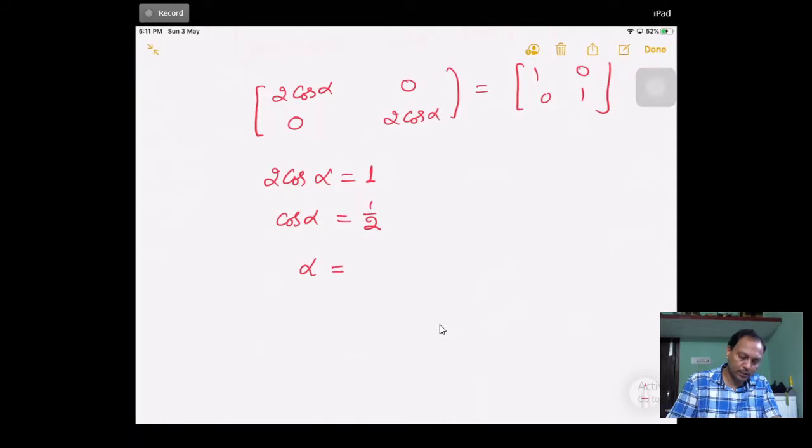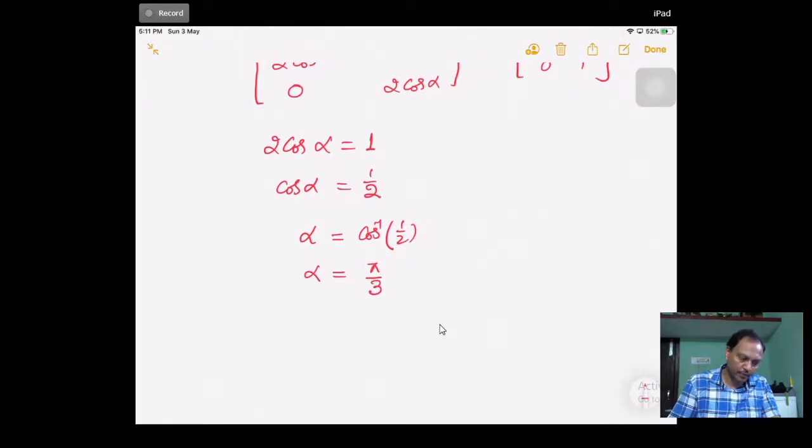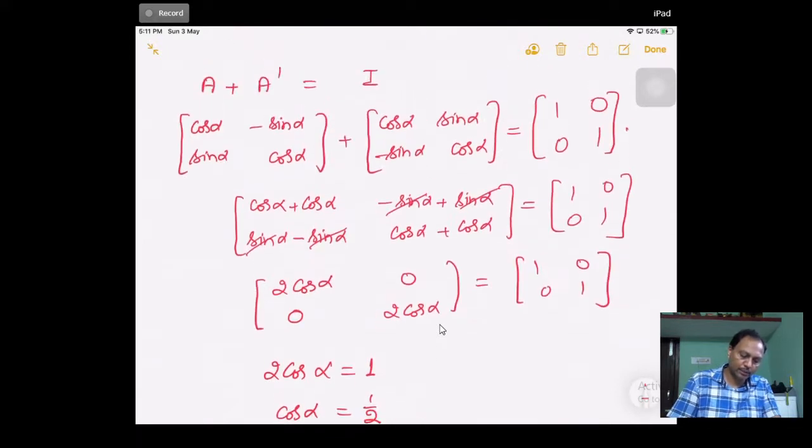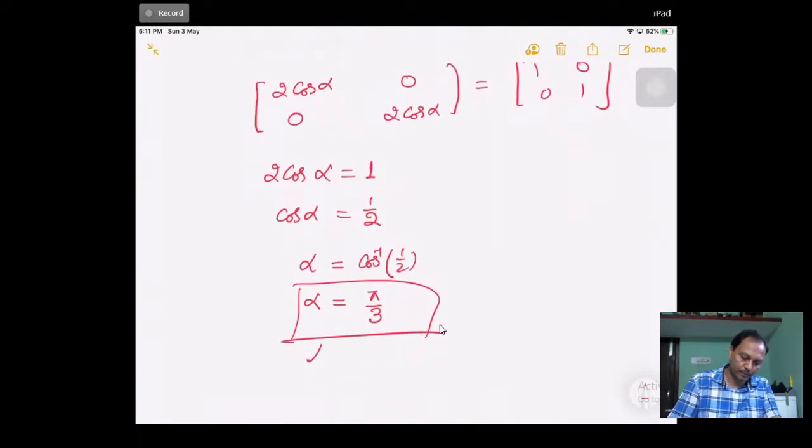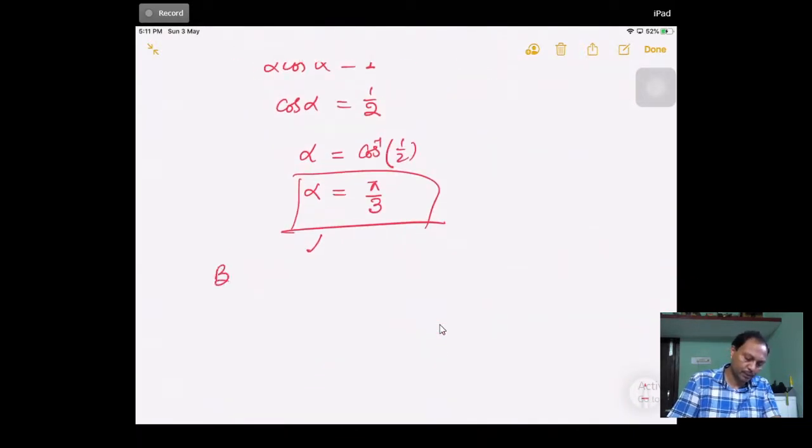So alpha is equal to cos inverse 1 by 2, and you know very well that it is equal to pi by 3. We have already studied inverse trigonometric functions in the previous chapter. So the value of alpha is pi by 3. Which option is correct? Option B is correct. It is pi by 3.